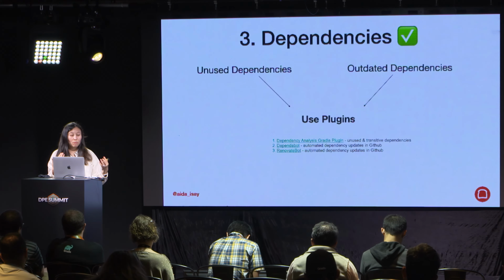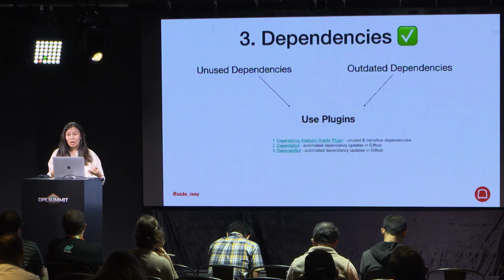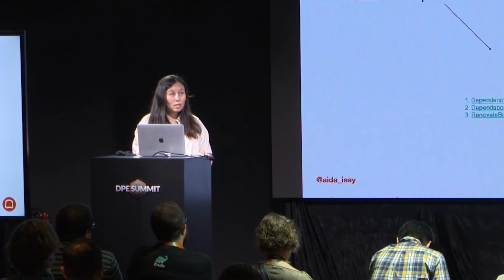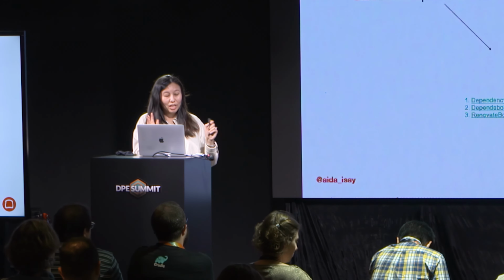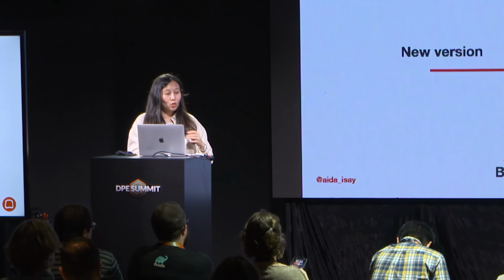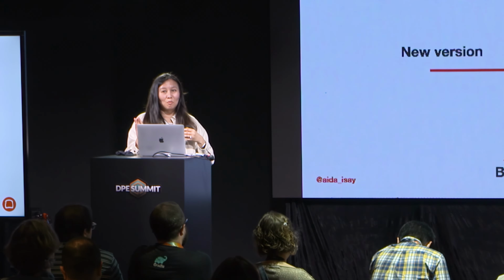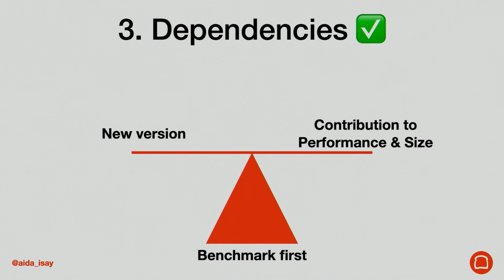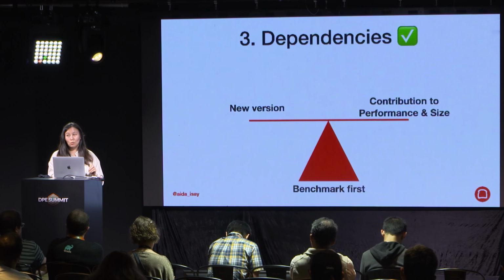It's less than a day of work for one developer, you set it up and you're good to go. You don't need to worry. However, just like with any quick wins, it always comes with a catch. You need to be careful about migrating or updating to the new version, because you also need to benchmark it first and make sure it doesn't contribute to performance and size regressions of your project. So that's where the catch is.